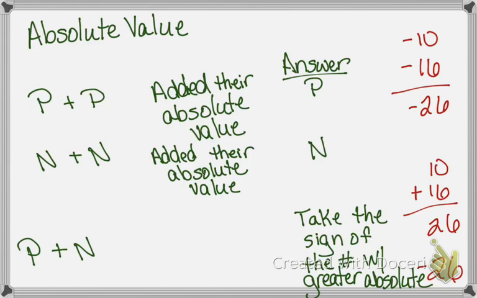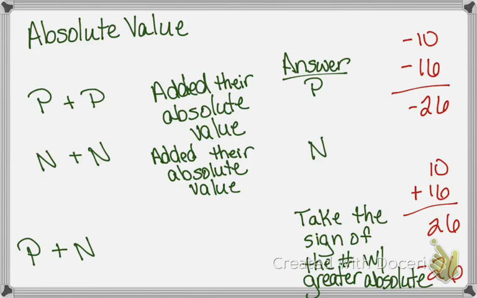Every single positive number is bigger than any negative number. So I can have positive 1 and negative 10, and positive 1 is bigger. That's one of those things that makes us a little uncomfortable, all the math language that we use. So you're not taking the sign of the bigger number. You're taking the sign of the number with the greater absolute value.